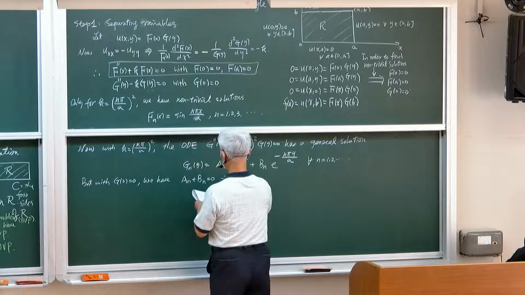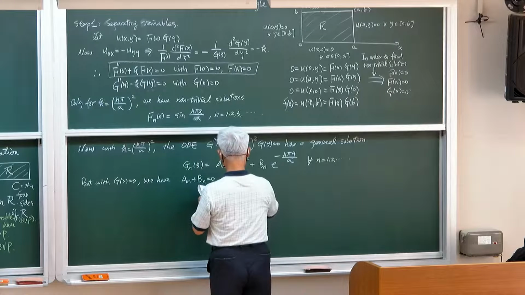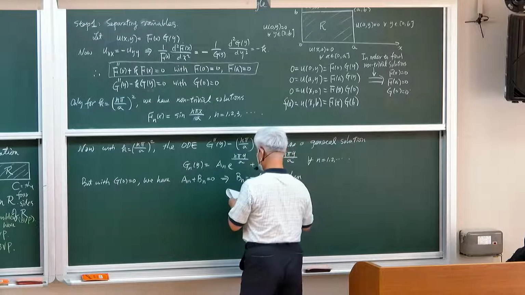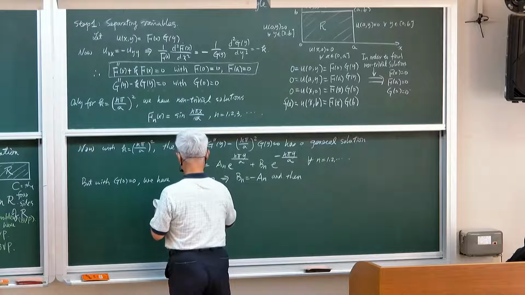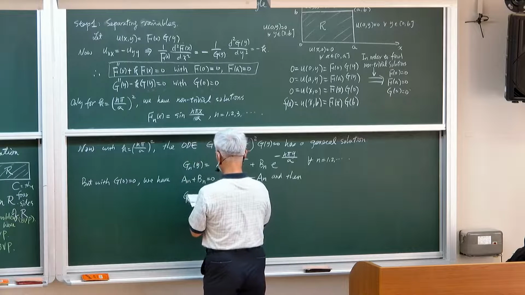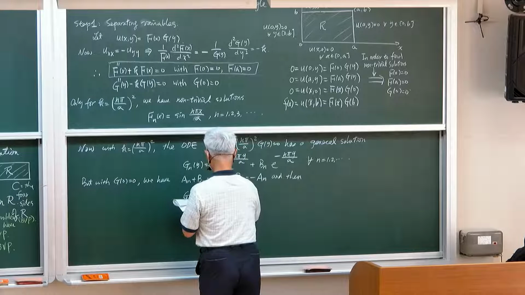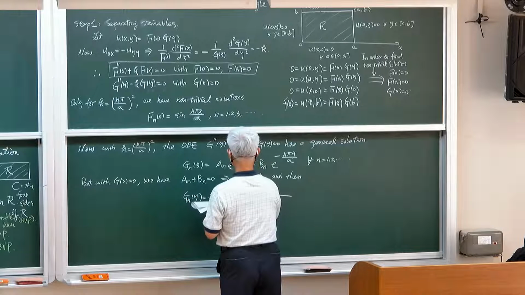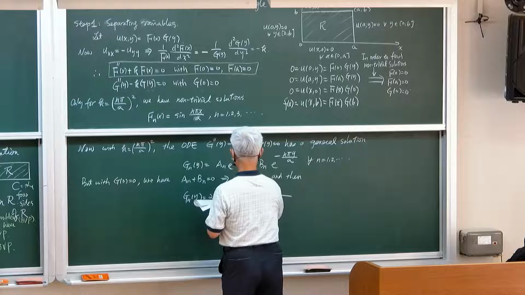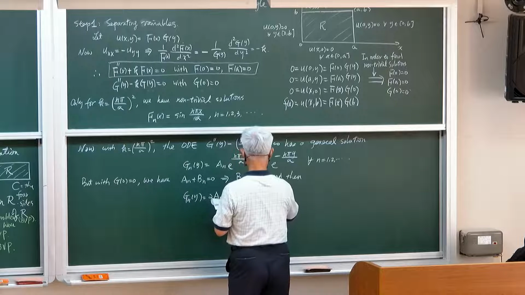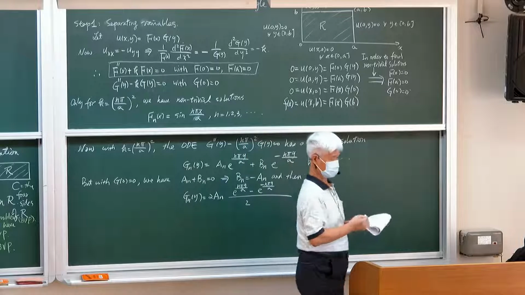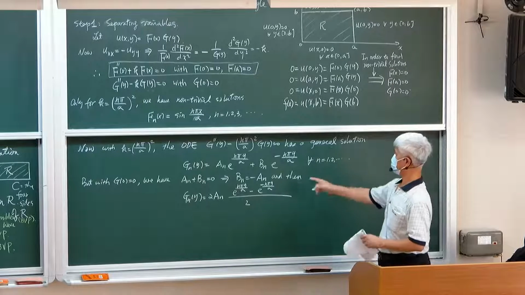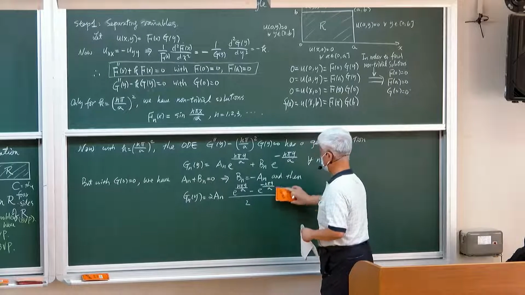So this implies that bn is equal to minus an, and then Gn(y) becomes 2an times e to the m pi y over a minus e to the minus m pi y over a, divided by 2. Okay, so we have this one.